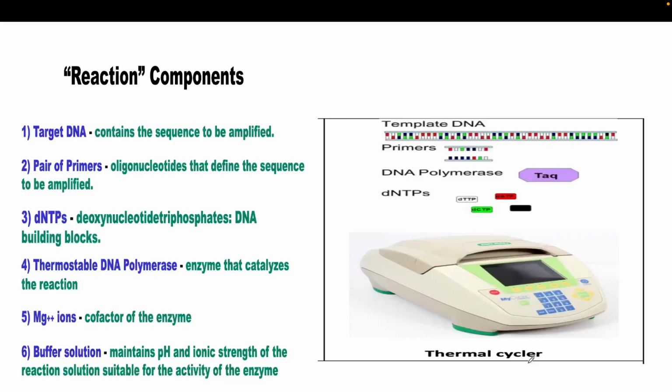Now in the reaction components, there are certain things required to do the PCR. The first one is the target DNA. The target DNA contains the sequence which should be amplified through the PCR reaction.